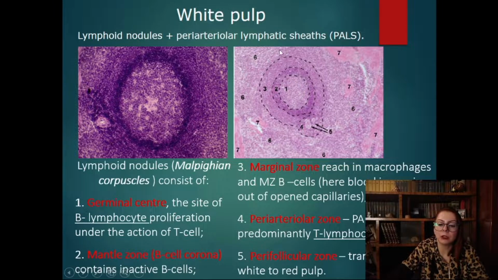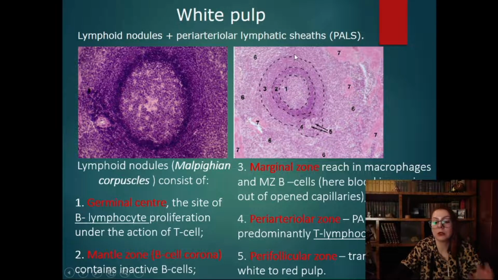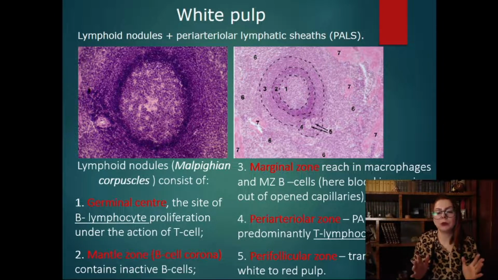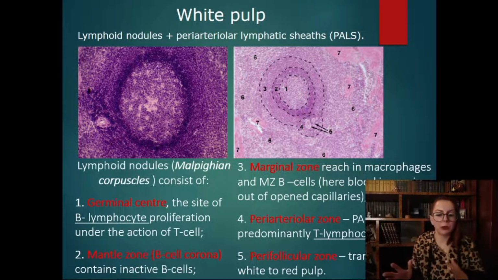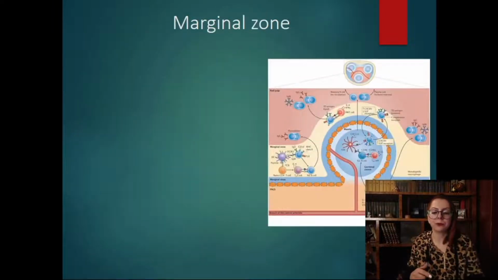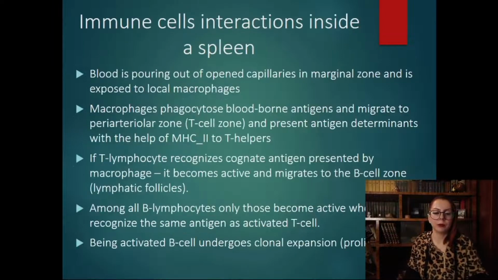And the perifollicular zone surrounds the whole white pulp. This is the zone on the border between the white pulp and the red pulp. And now let's discuss how it works and how cells interact with one another, after which we will return.